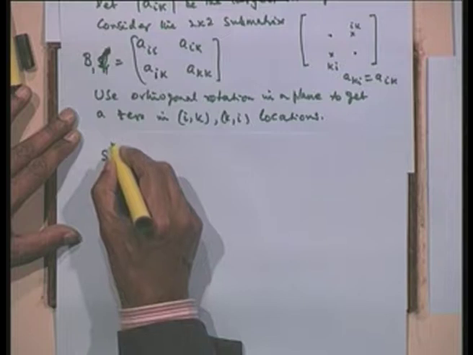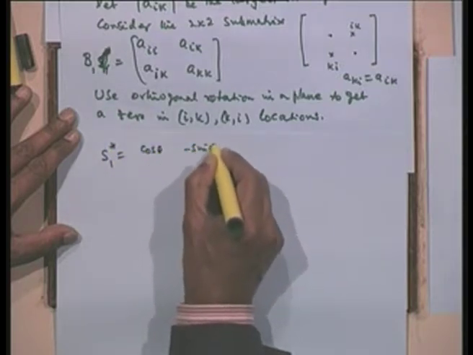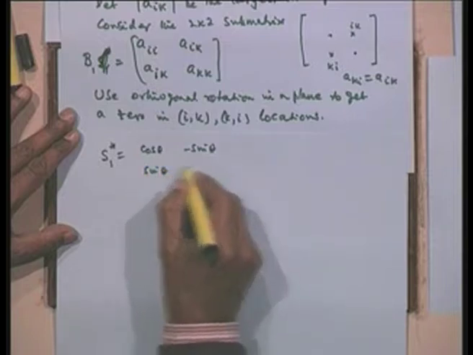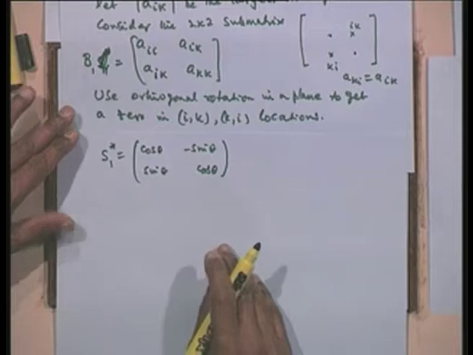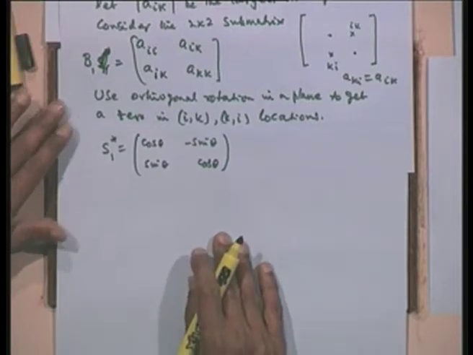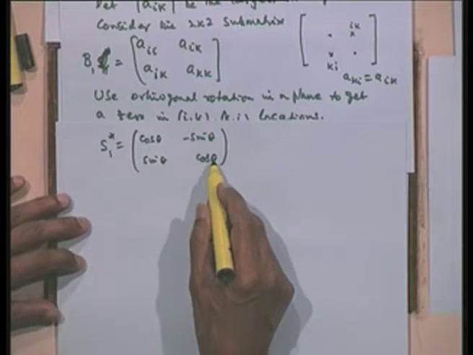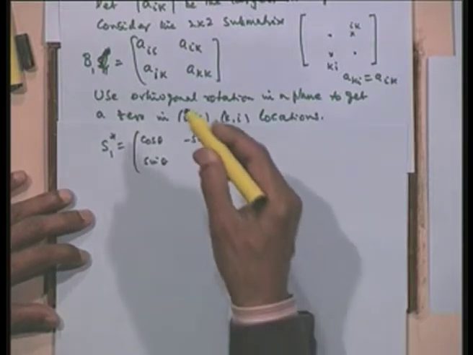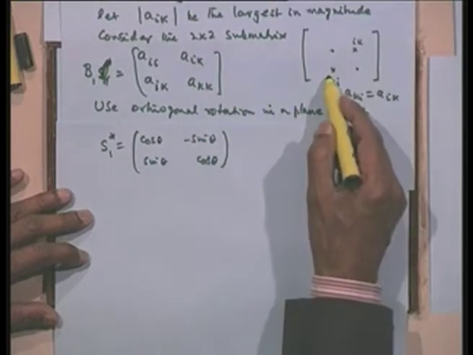Now let us take the orthogonal matrix in the 2 dimensional plane, which gives the required rotation, as S1 star is equal to cos theta, minus sin theta, sin theta, cos theta. Now the problem is to find the value of theta such that the similarity transformation produces 0 in the ik and ki locations.